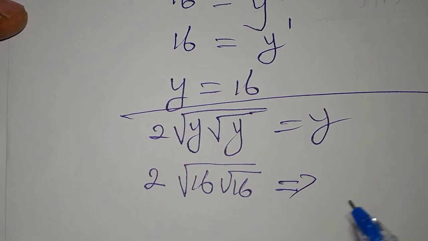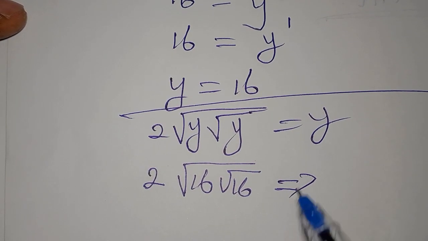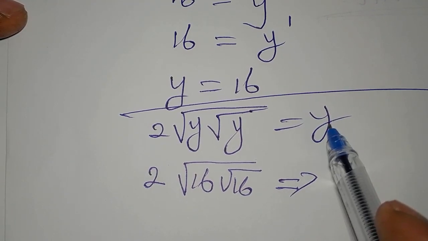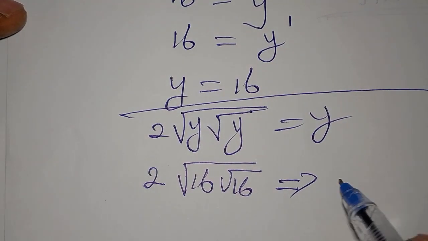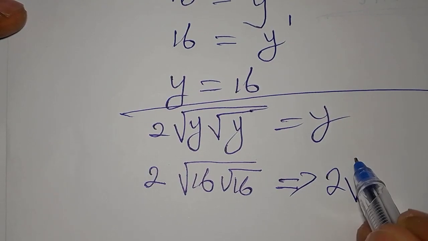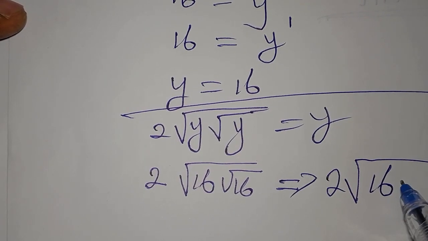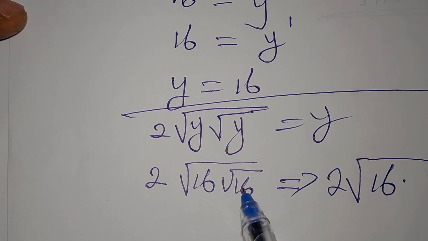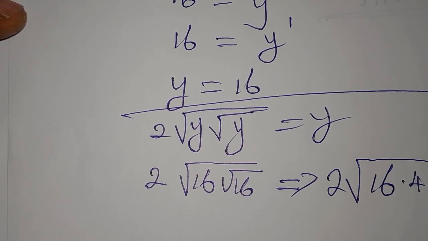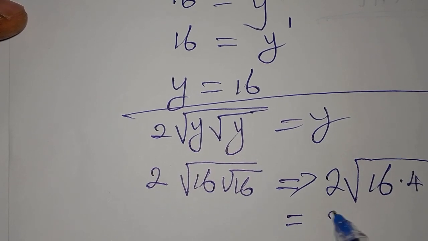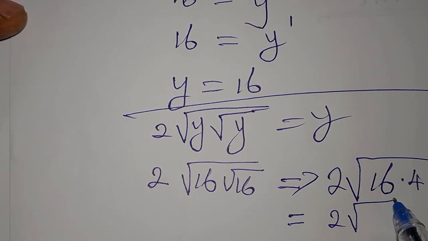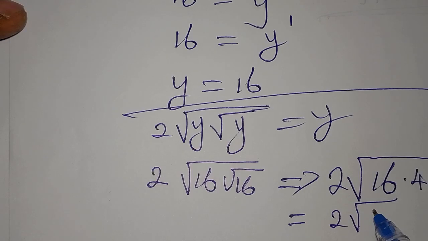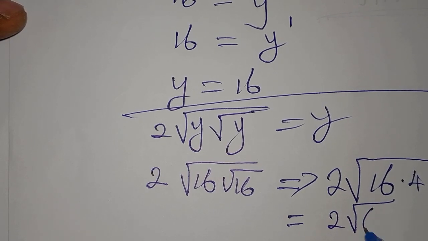Let's see what this is going to give us. If it gives us 16, then we are correct, because y is on the other side. So this means that we're going to have 2, then we have square root of 16 times square root of 4 here. Square root of 16 here is 4, so we have 16 times 4. And then we have 2, the square root of 16 times 4 is what? 64. So we write 64.